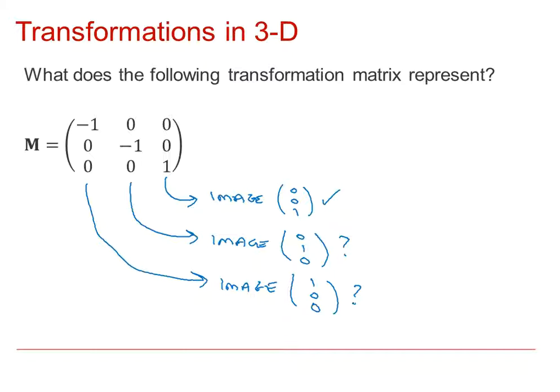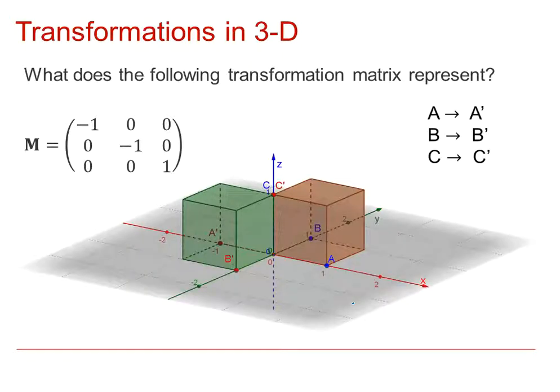So our z coordinate is exactly the same. Our y coordinate has changed sign. Our x coordinate has changed sign. And the only way that can happen is if we've got a 180-degree rotation about the z axis. So if you look at this illustration, the z coordinates have all remained the same, but the positive x coordinates have become negative x coordinates, and the positive y coordinates have become negative y coordinates, and we've got our 180-degree rotation about the z-axis.